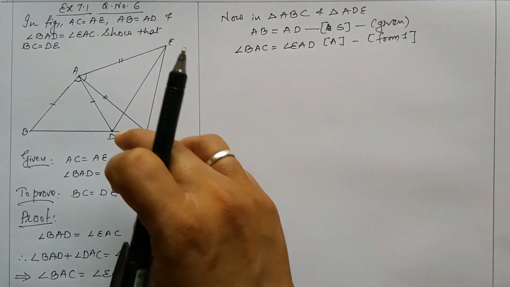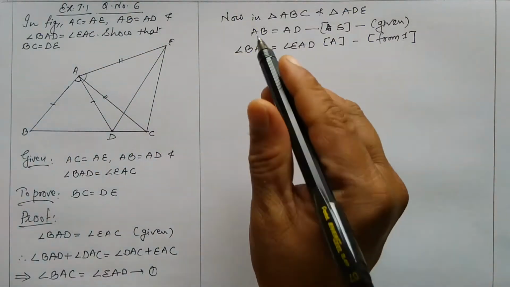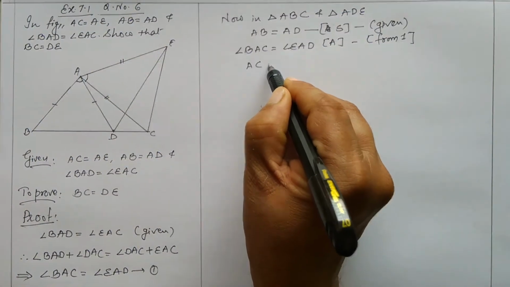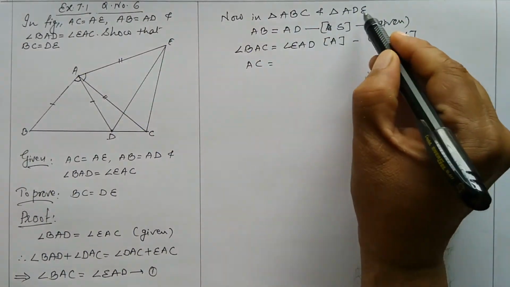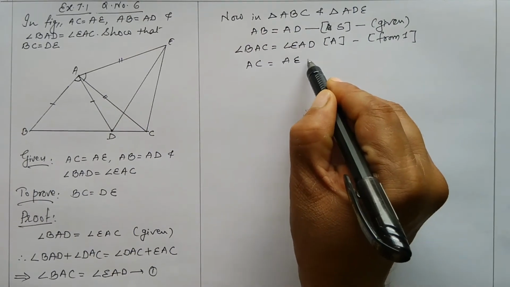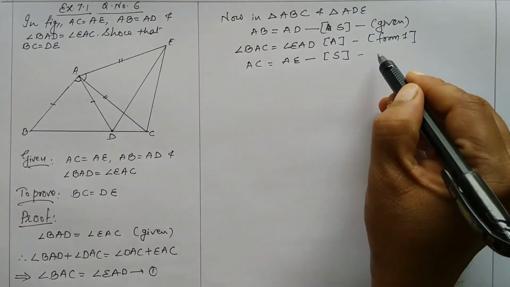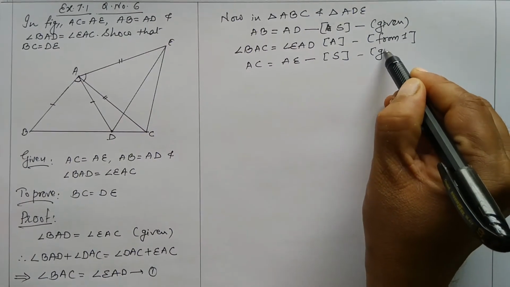And AC is equal to AE. What is AC? AC is the side of triangle ABC, and AE is the side of triangle ADE. Here I will write S for side. So see, side, angle, side, this is also given to us.